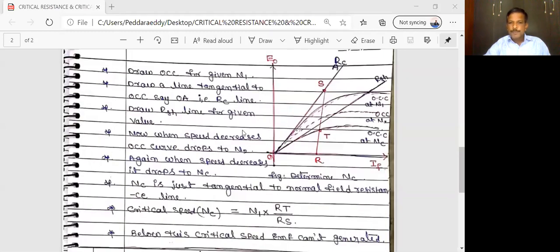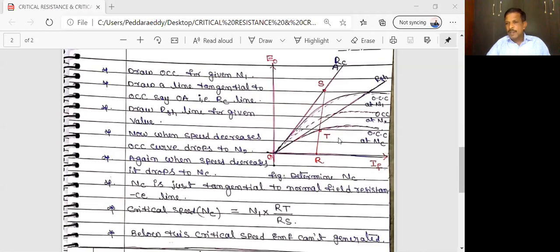Now, when the speed decreases, the OCC curve drops to N2, so we get one more OCC curve. Again, when the speed decreases, it drops to NC.